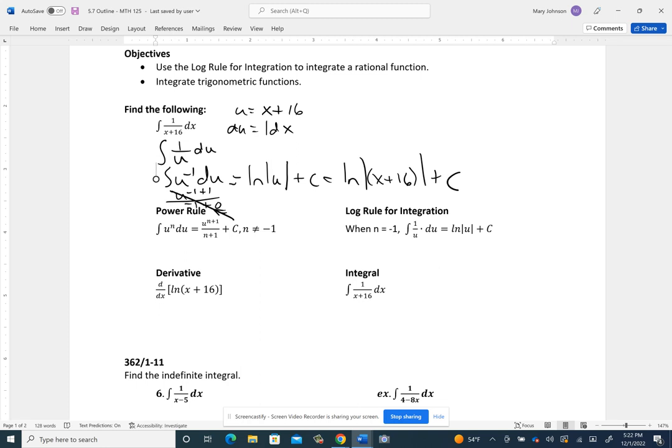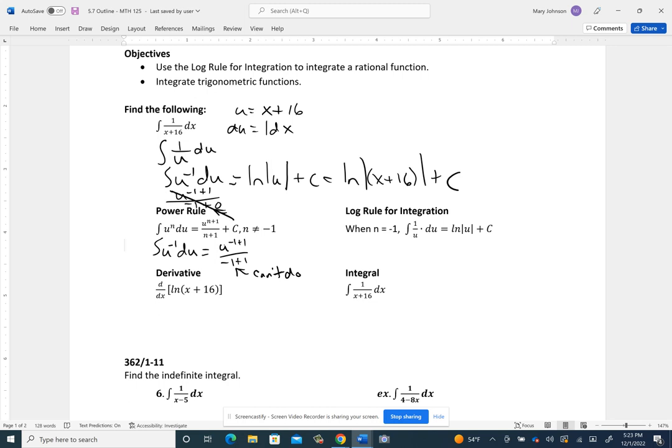Now, that's what we're dealing with in this unit. You know the power rule, but if you try to integrate that using the power rule, you can't do it, because you'd wind up with u to the negative 1 plus 1, over negative 1 plus 1, and you can't do that. That's the little red flag that should remind you this is probably going to be a logarithm situation.